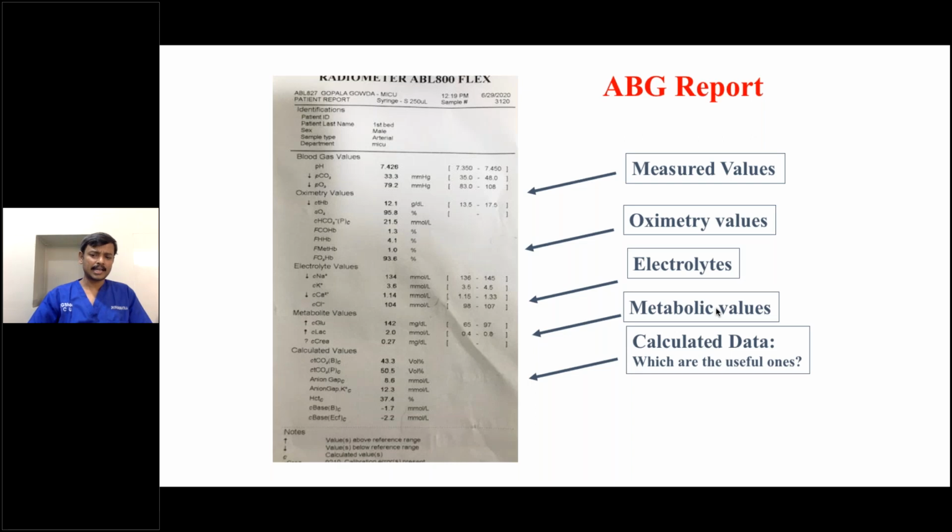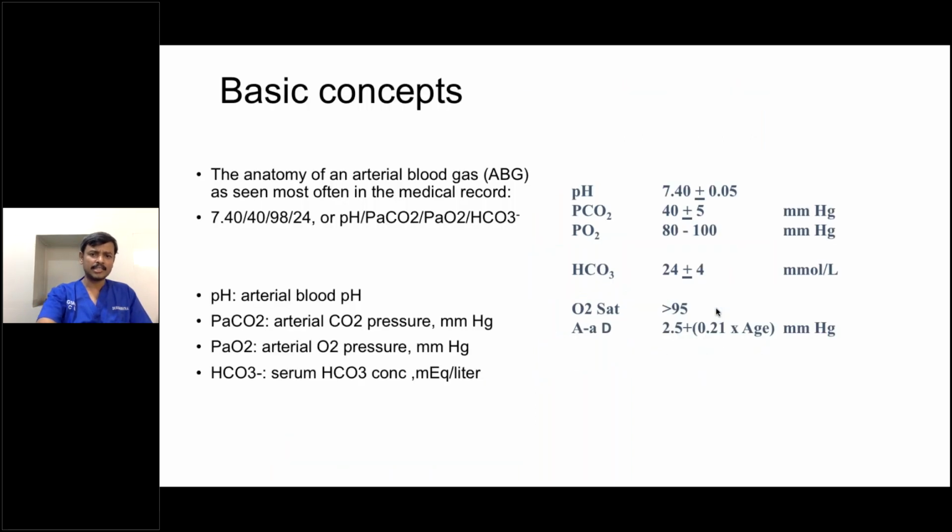So what we exactly concentrate on is very few values through which we can identify the acid-base disorders easily using the conventional approach. Here we need the pH value, PaCO2, PO2, and bicarbonate. The anatomy of the arterial blood gas, as seen most often in the medical record, will be like pH bar PaCO2 bar PaO2 bar bicarbonate.